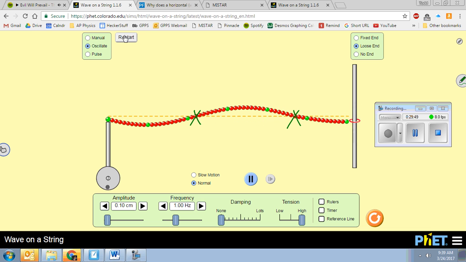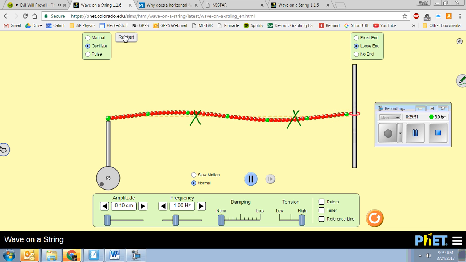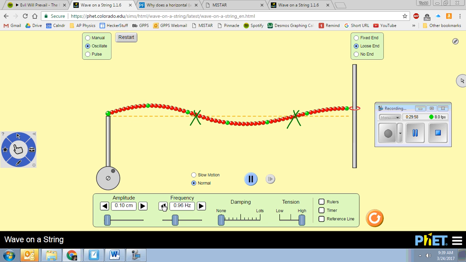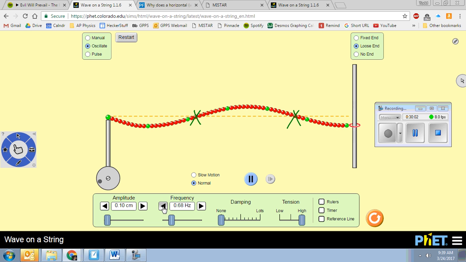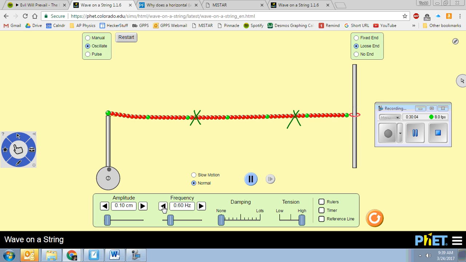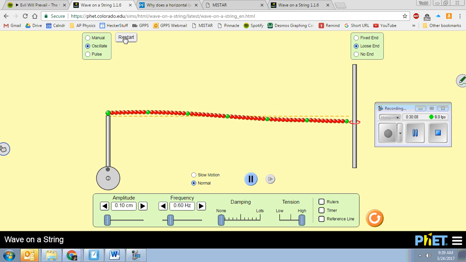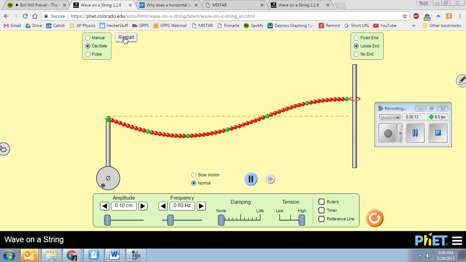All right, so let's try lowering it by 0.4. That was what we did before. We increased it by 0.4. So let's try decreasing it by 0.4 and see what happens. So I'm going to go down to 0.6. There we go. Restart it. Let's see what this looks like. Oh, that's standing also.